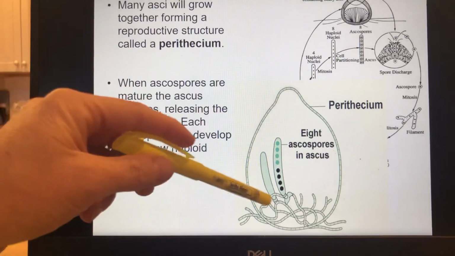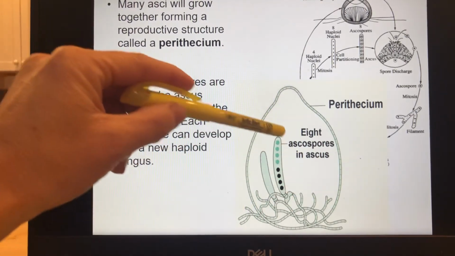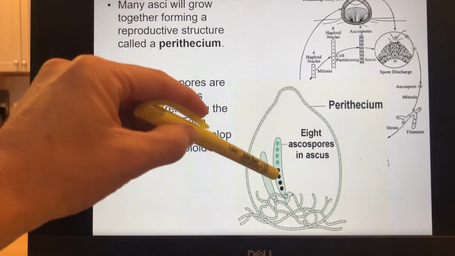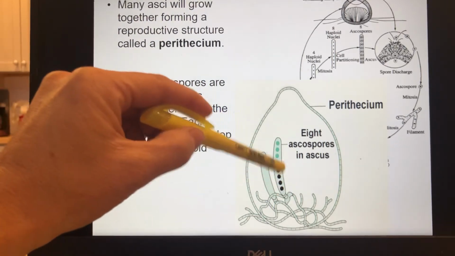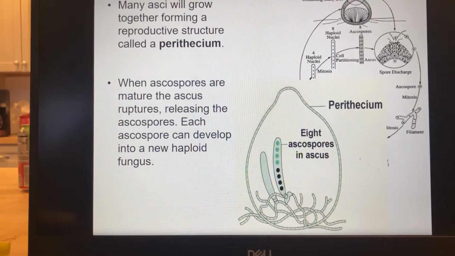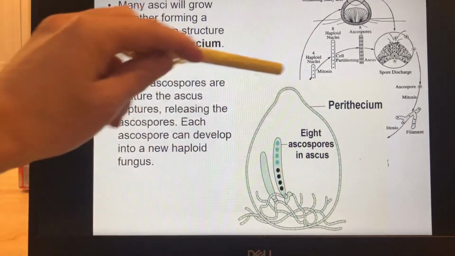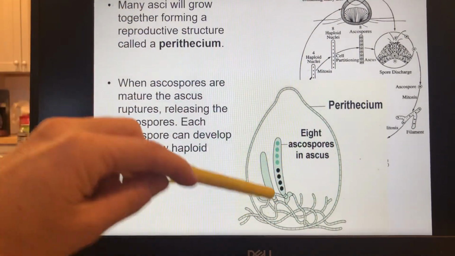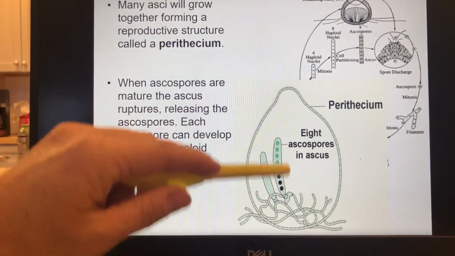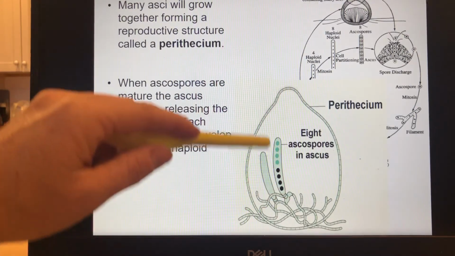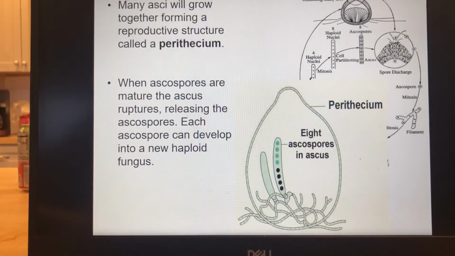It's like the big flower. It's kind of like a big ball of stuff. And then each individual one of these little strands that looks like a bean kind of with the individual spores in them is called an ascus. So in one perithecium, you have a ton of ascus. And with one ascus, you have 8 total spores developing.